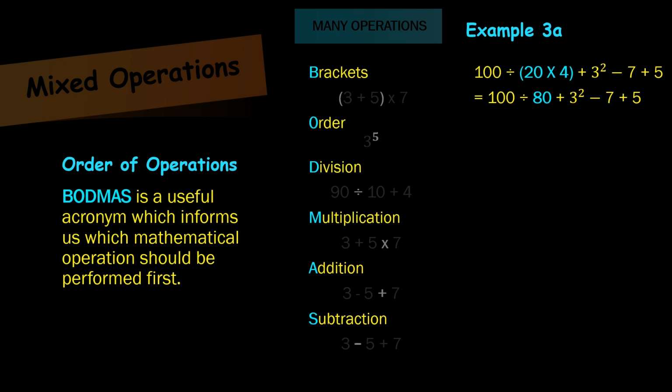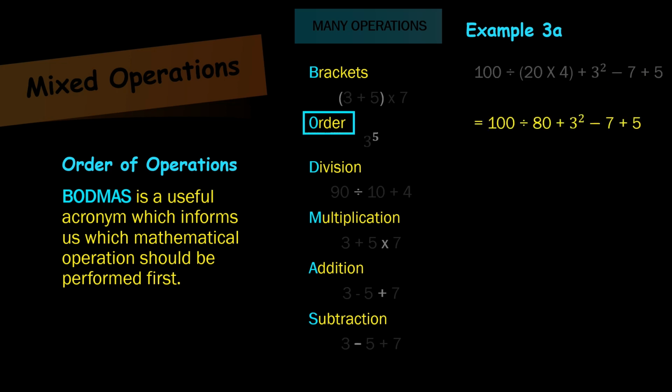We substitute 80 in place of 20 times 4. Now see if there are any orders or indices or powers. There is an order or power, namely 3 squared. This equals 9. We substitute 9 in place of 3 squared.